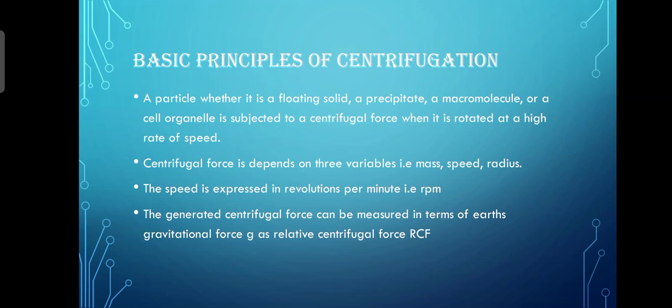Centrifugal force depends on three variables: mass, speed, and radius. The speed is expressed in revolutions per minute, that is rpm. The generated centrifugal force can be measured in terms of Earth's gravitational force as g, and the centrifugal force is denoted as RCF.